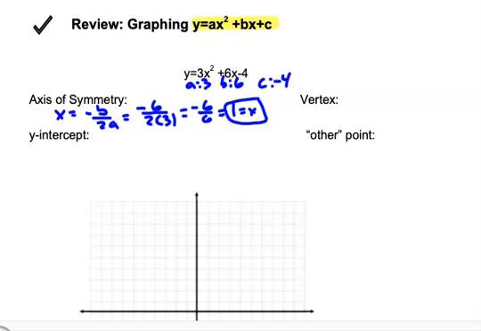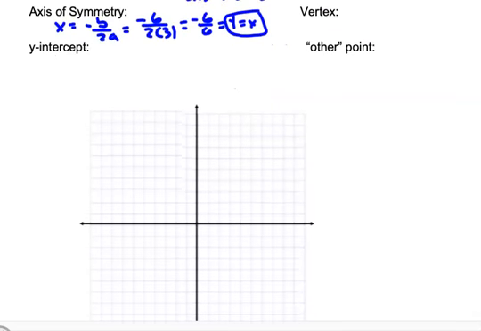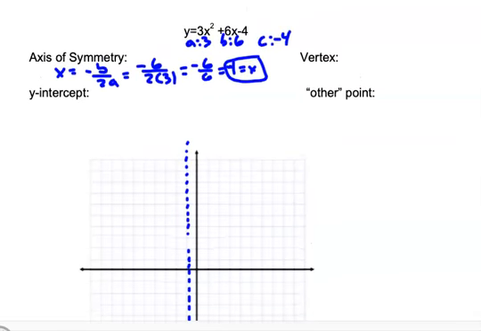What that means, sorry, negative 1. So what that means is at negative 1, we have our symmetry, a vertical line through negative 1. We then also know that the vertex is at negative 1 comma whatever comes out when we plug in negative 1.